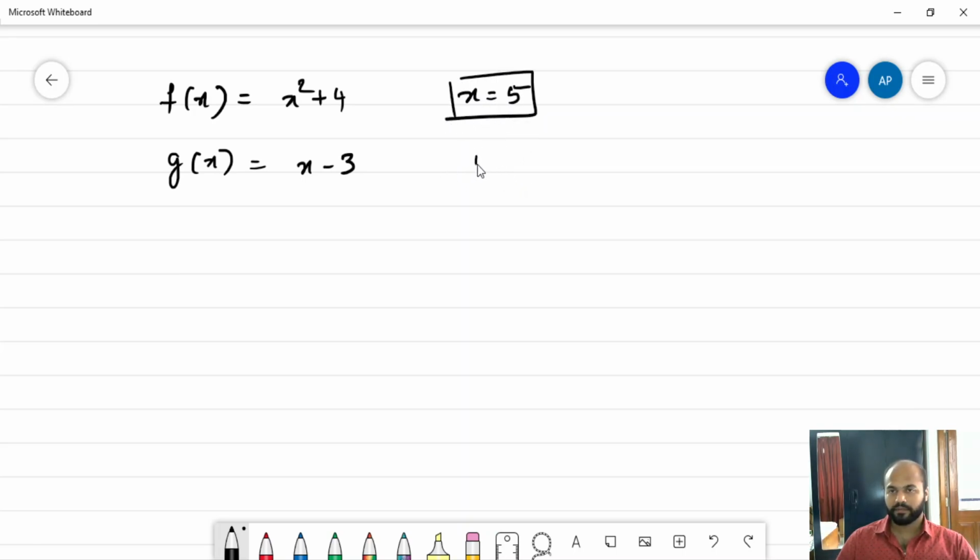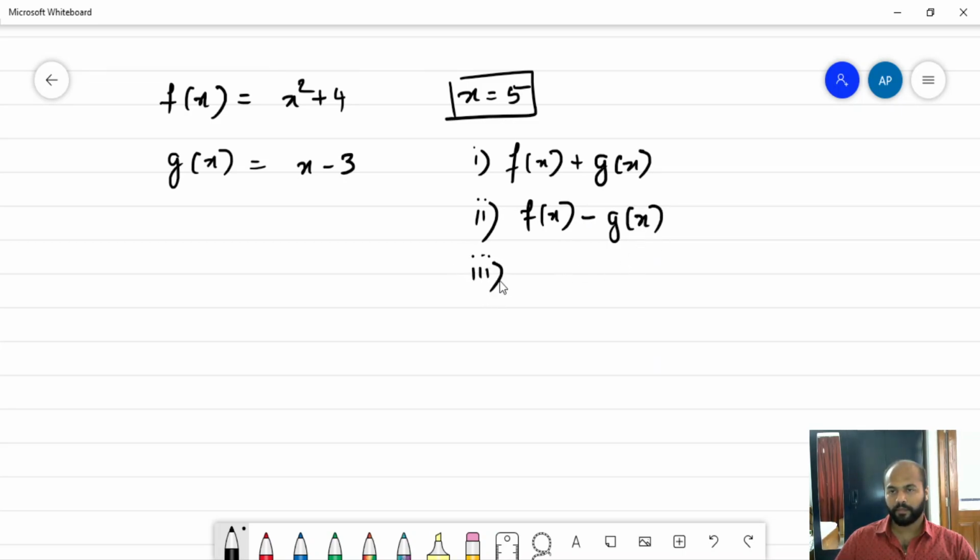And we have to check whether these combinations will exist. f of x plus g of x is one. Second one is f of x minus g of x. Third one is going to be f of x into g of x, and lastly f of x by g of x.